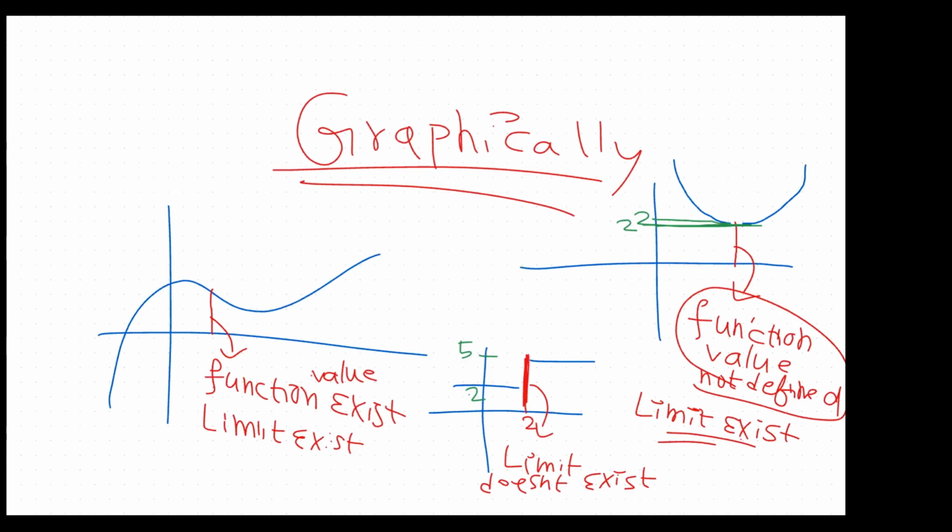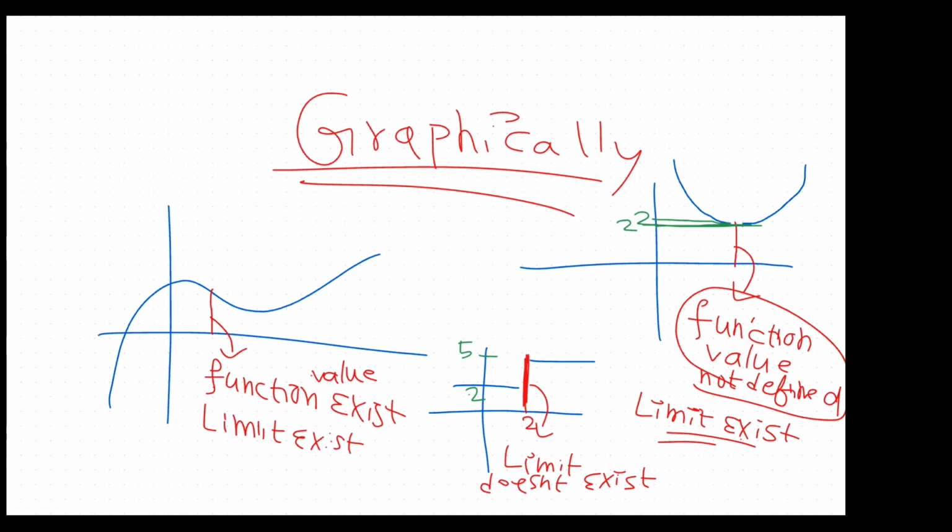At a breaking point the function may or may not be defined, based on what type of function is given. But for the limit, you need to go to the left side and see what the function does, and the right side and see what the function does. If there is too much variation in the output, then you will say the limit does not exist.